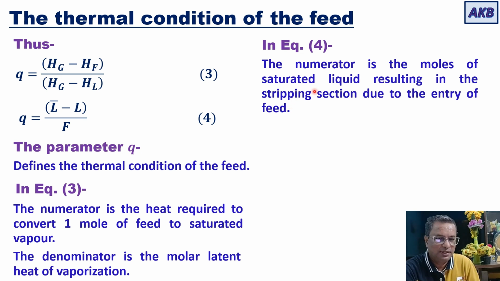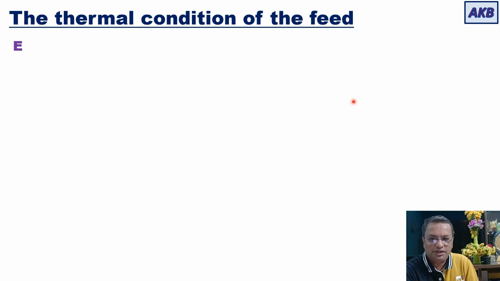The numerator in equation number 4 is the moles of saturated liquid resulting in the stripping section due to the entry of the feed. So with this understanding, we are going to use those two equations, equation number 3 and equation number 4, to define the parameter Q. Parameter Q defines the thermal condition of the feed.